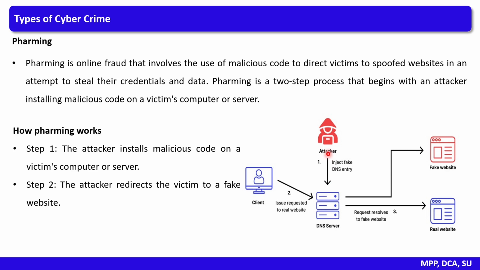Here, the attacker first injects a fake entry into the DNS server. We have learned about DNS in the previous class. DNS is an internet dictionary that tries to map named address with the absolute address in the World Wide Web. Now, once an attacker makes a fake DNS entry into the DNS server, the client issues a request for a real server.